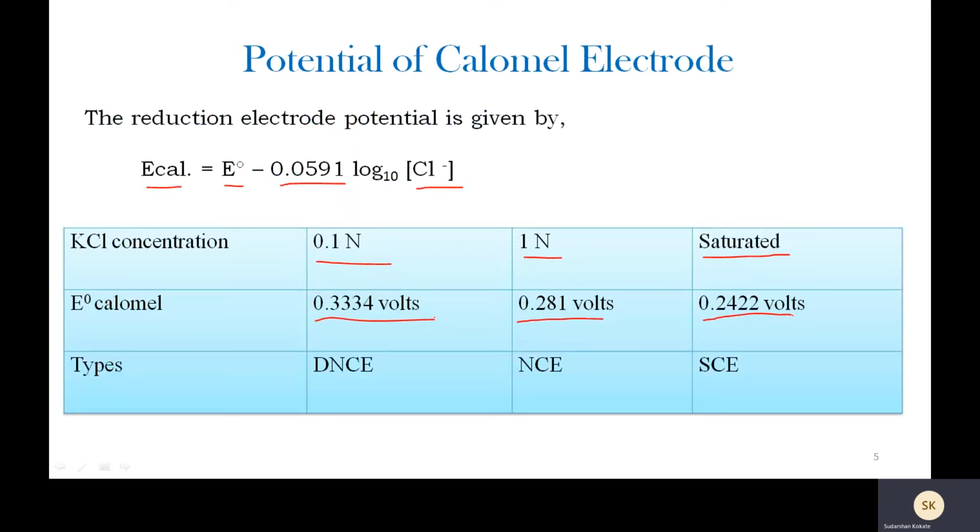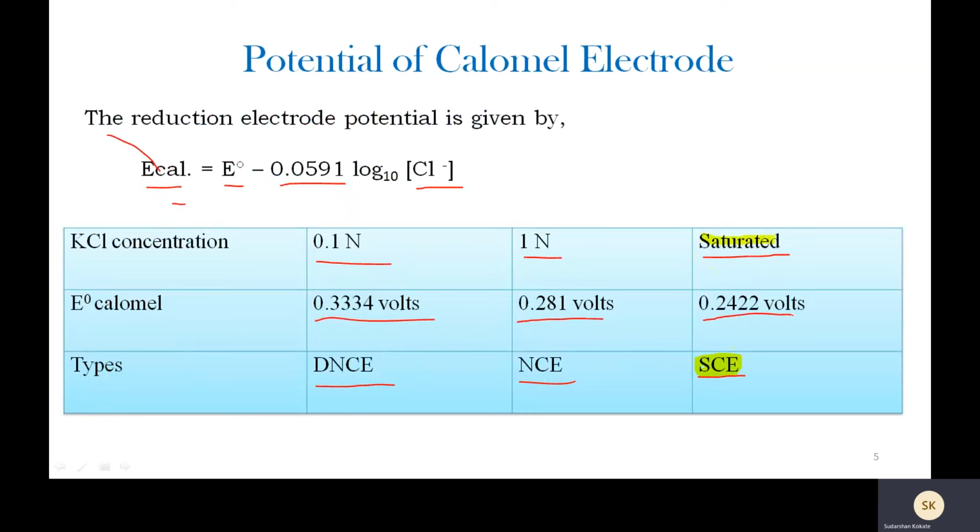Now, there are three different types of calomel electrode. The first is the saturated calomel electrode, denoted by SCE. Second is the normal calomel electrode, NCE. And third is the decinormal calomel electrode, DCE. If the potassium chloride solution is saturated, the electrode is known as the saturated calomel electrode. If the potassium chloride solution is 1 normal, the electrode is known as the normal calomel electrode.